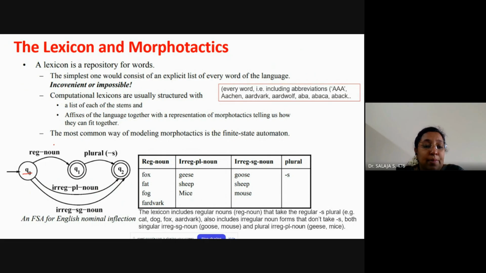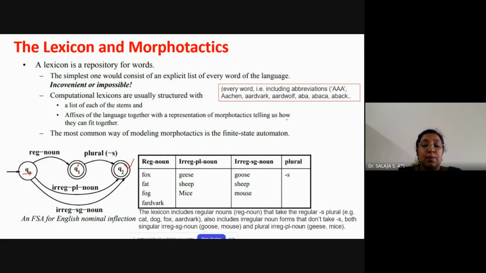So now what happens if it is a regular noun and singular? Q1 is my final state. And if there is a regular noun and plural, Q2 becomes the final state. Whereas what about irregular plural and singular nouns? You just move from Q naught to Q2 because there cannot be any specific rules for it.